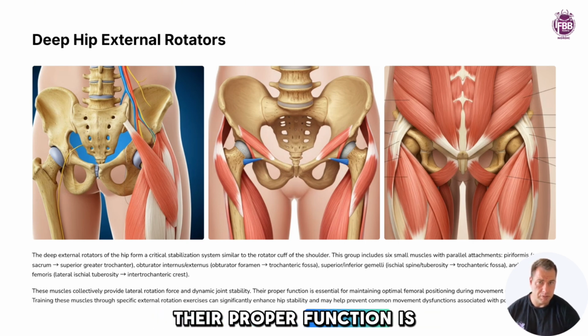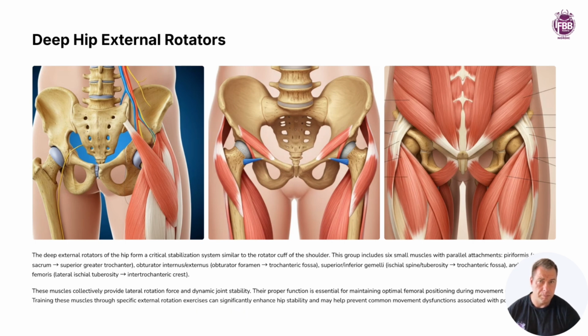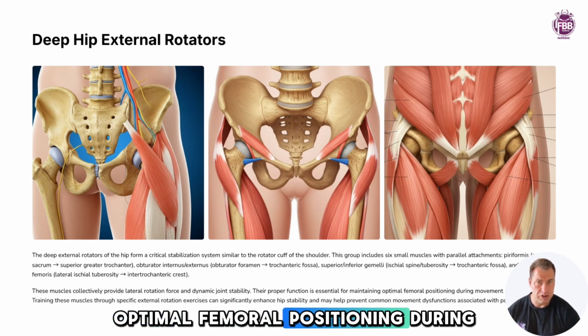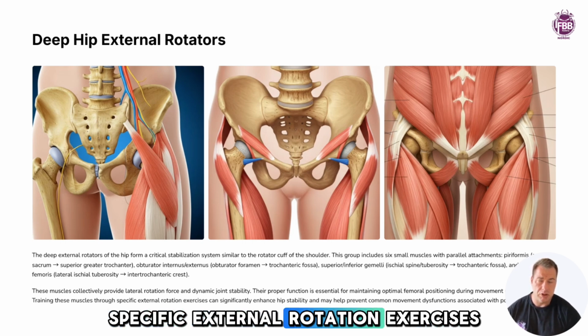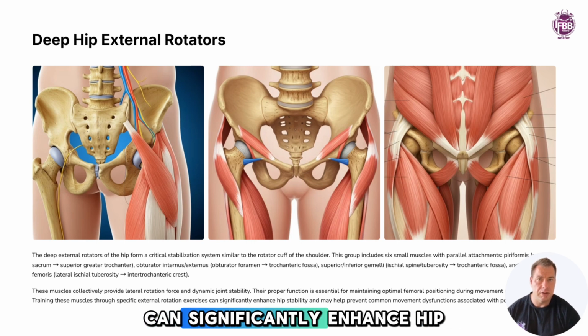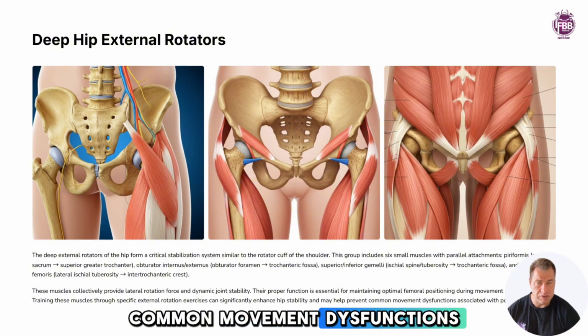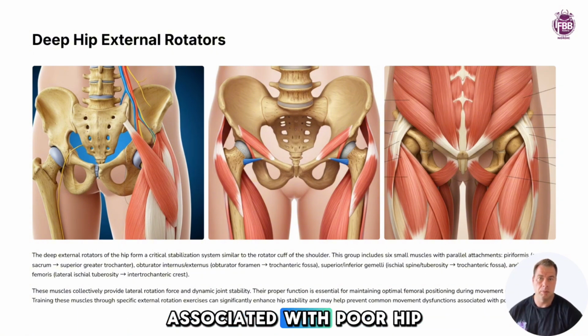Their proper function is essential for maintaining optimal femoral positioning during movement. Training these muscles through specific external rotation exercises can significantly enhance hip stability and may help prevent common movement dysfunctions associated with poor hip control.